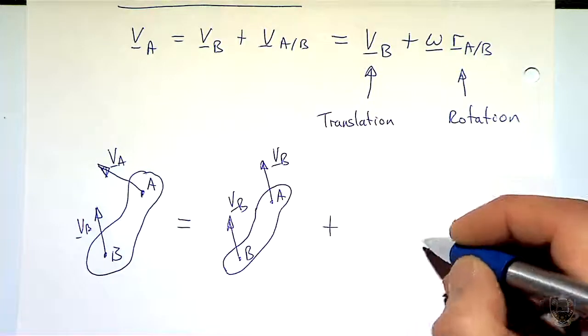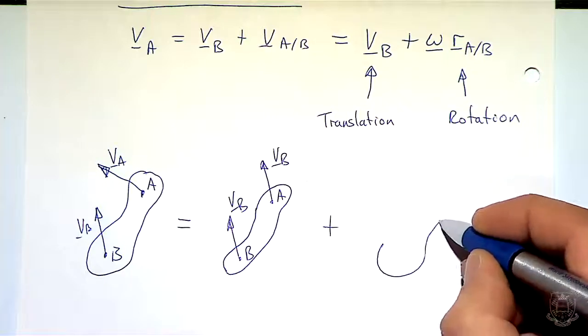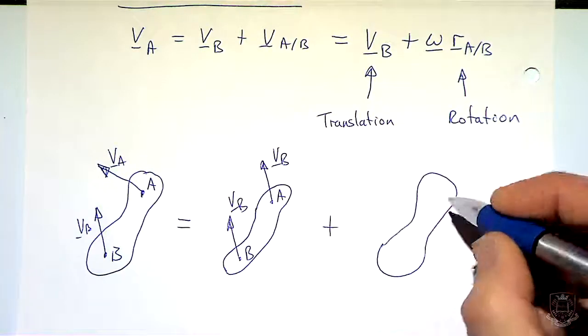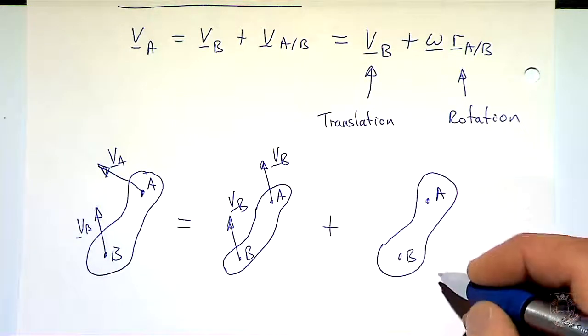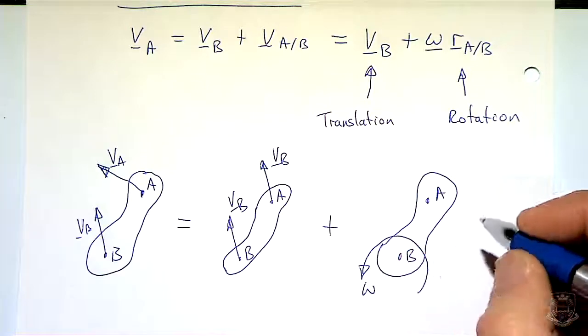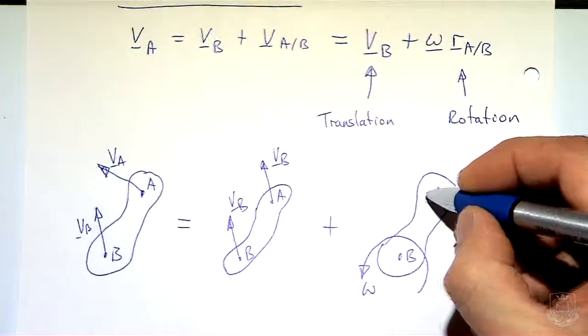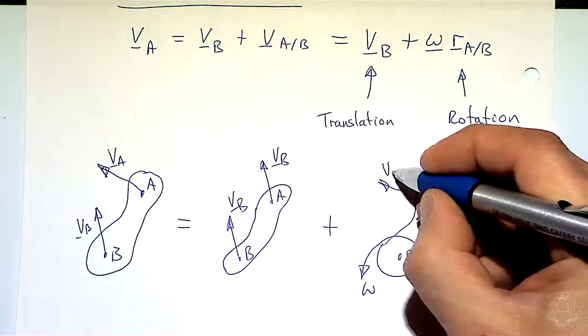And then there's a rotation, and that coordinate there is VA with respect to B.